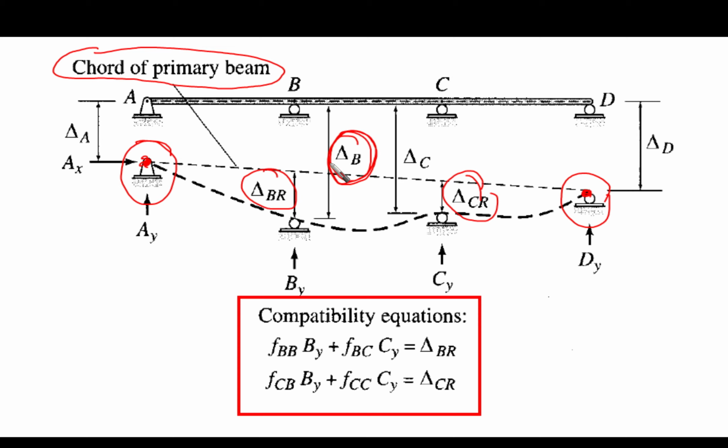But in our calculations in consistent deformation, we are not interested in the absolute, because all of the points are going to settle if the whole indeterminate beam is going to move down. So for example, let's give this as an example.